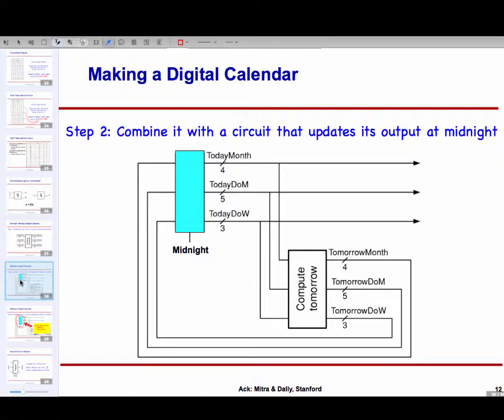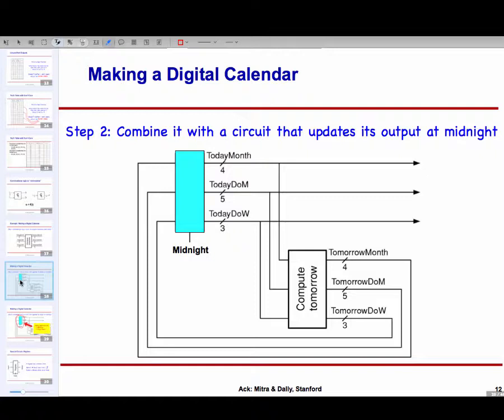But otherwise, it doesn't do anything. This is not combinational logic, where if I change the input, the output changes immediately. At the stroke of midnight, it copies the input into something internal, and that internal value is what is shown on the output.